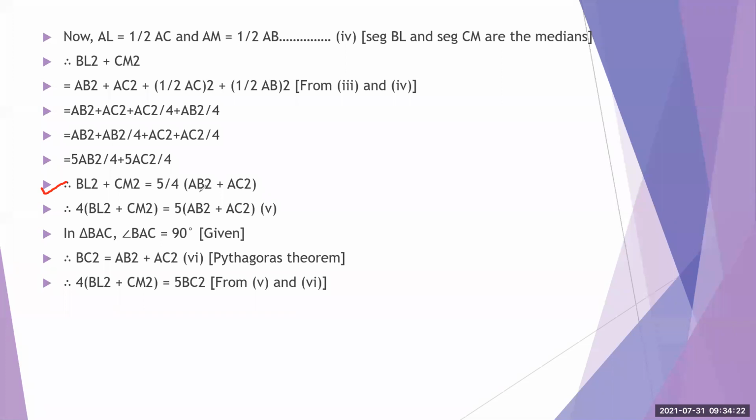Now again this AB square plus AC square, using the bigger triangle, we found by the Pythagoras theorem that this is equal to BC square, and then we resubstituted the value in equation number 5, and we get the required proof, that is 4 times BL square plus CM square is equal to 5 times BC square. Okay, is this clear to everyone?